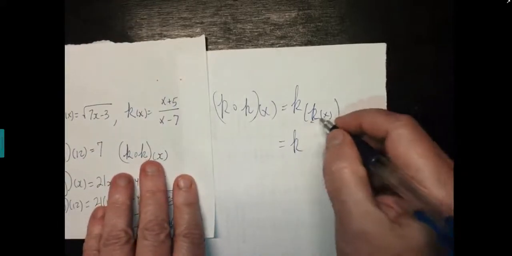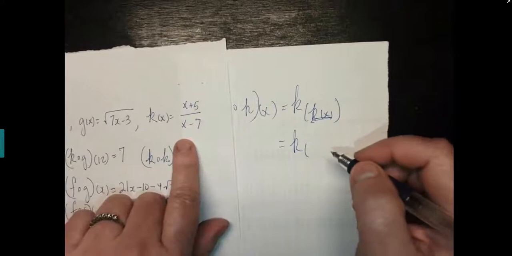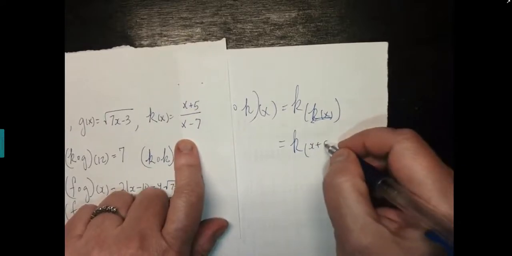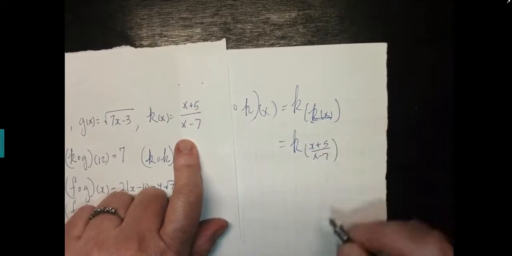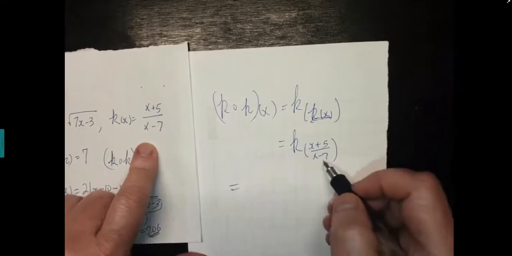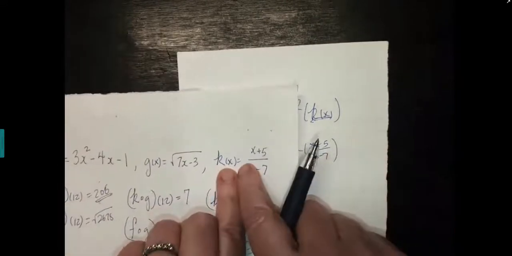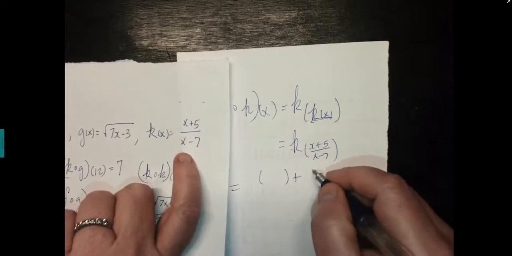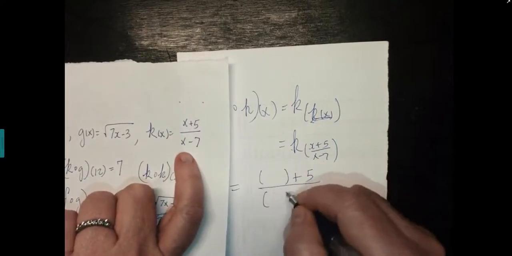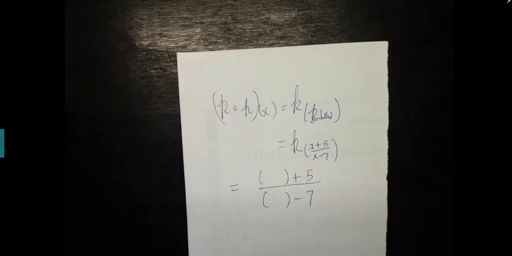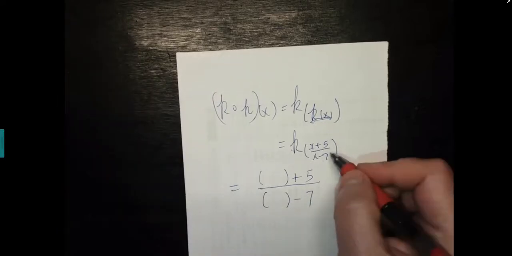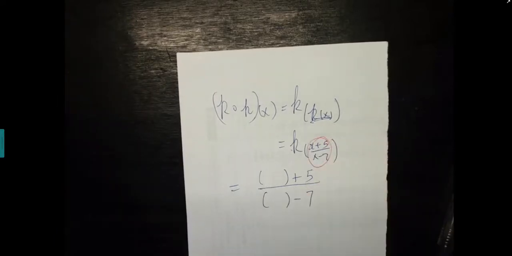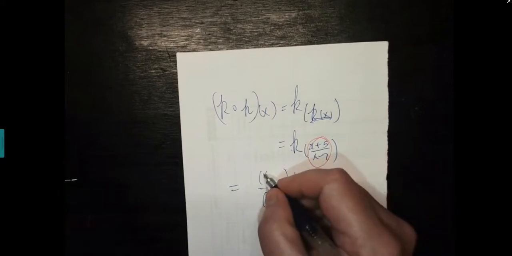So I'm going to have k evaluated at, well, what is the rule for k? It's x plus 5 over x minus 7. So I'm going to take the rule for k and write it without any x's, just blank parentheses. Because what do we want? We want that to go in where the blank parentheses are.